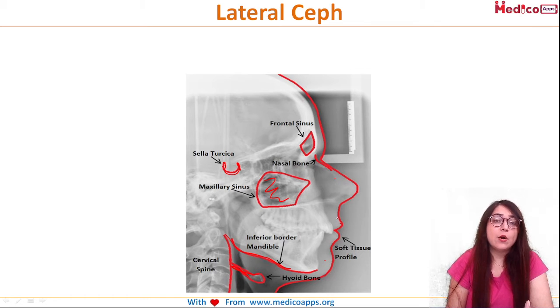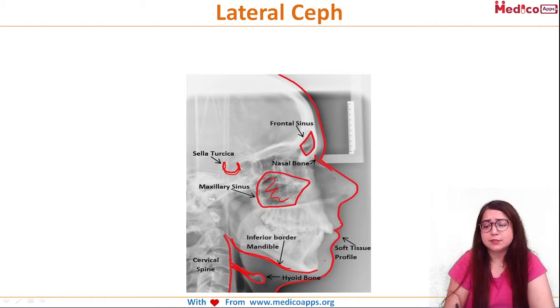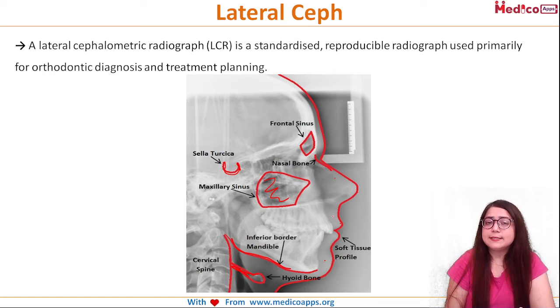If you are pursuing the ortho department, you'll be reading more about the lateral cephalogram. Here we are just discussing the basic things about it. A lateral ceph is a standardized, reproducible radiograph used primarily for orthodontic diagnosis and treatment planning.